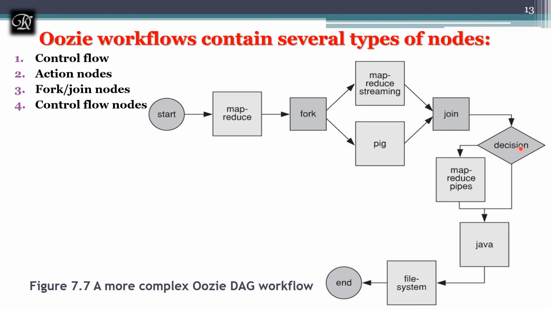Again, some terms are very familiar from the flow charts we studied in the first year. The diamond symbol is used to make a decision. Here also the decision will be taken by the control flow nodes. Here they have not given an exact example for what this DAG is written for, just a diagram, so with some assumption I have explained this.